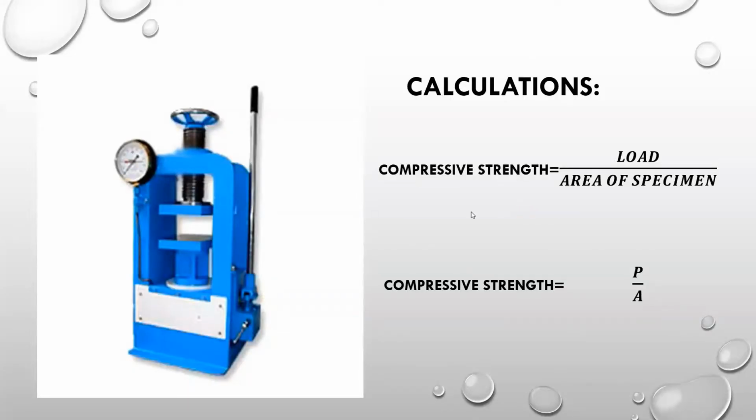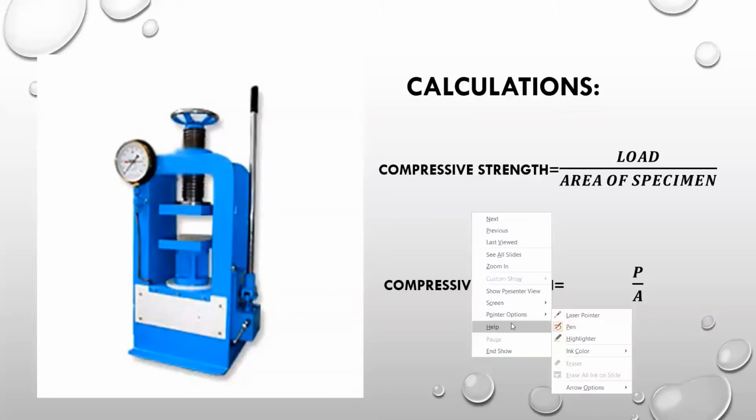Okay, then what you have to do for the calculation, let's make a start. So let me show you the screen. Let me show you the board, white screen. Okay, first of all, you must know the density of cement.